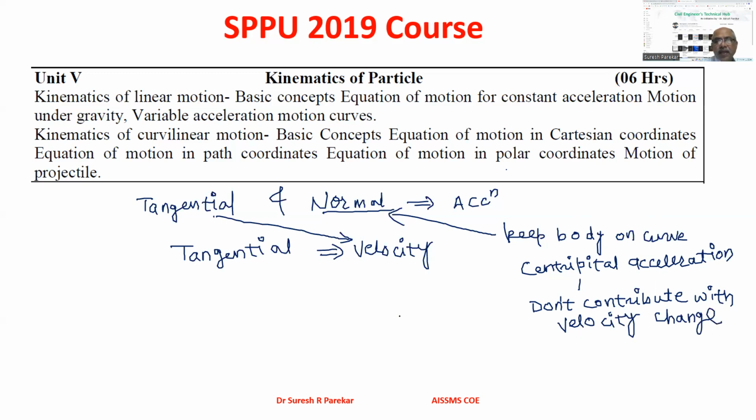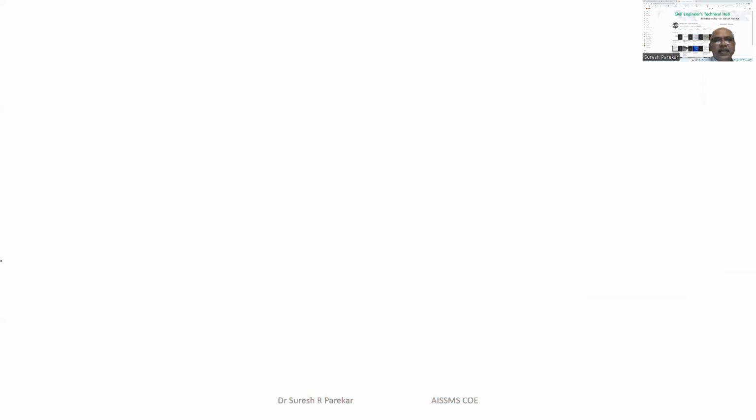And therefore, if we write the equations, let us consider a body that is on a curve. If horizontal acceleration is given, then this horizontal acceleration is nothing but normal acceleration. And along the tangential we have AT.